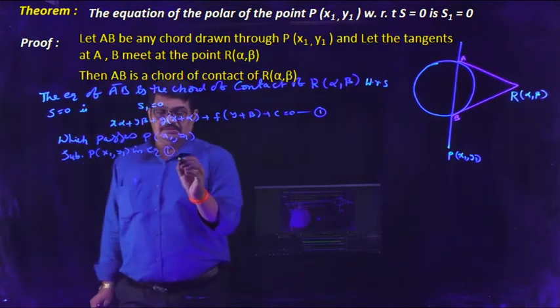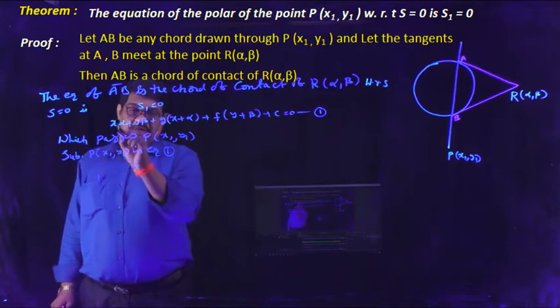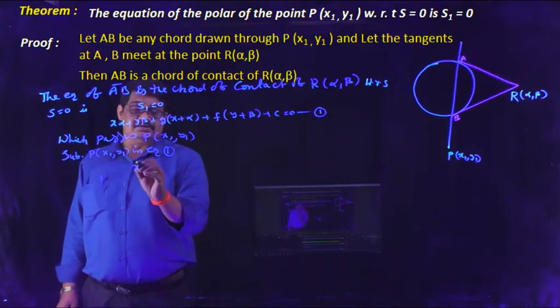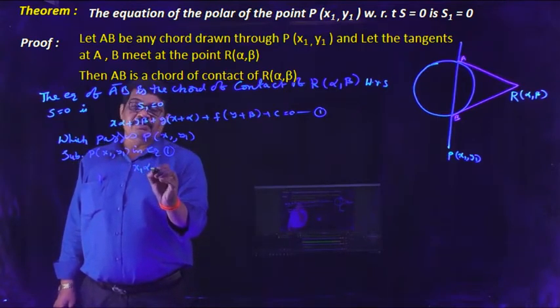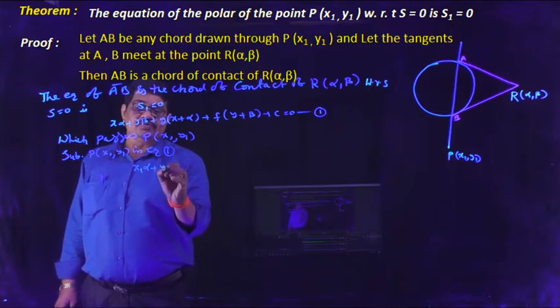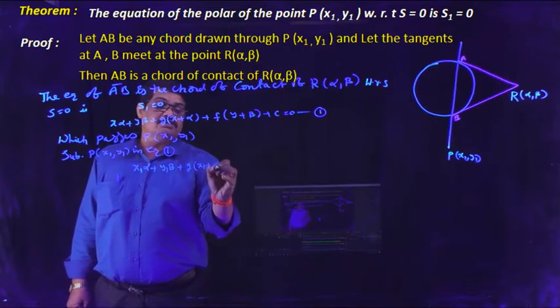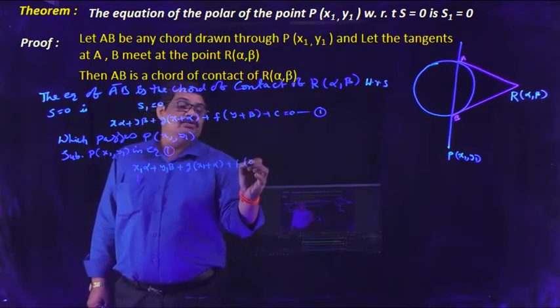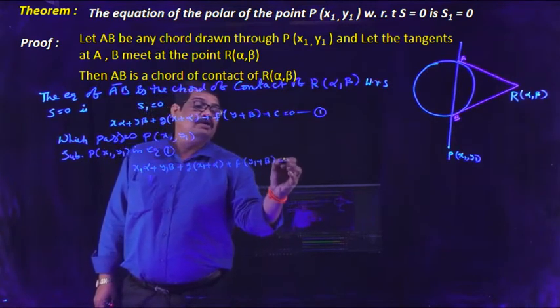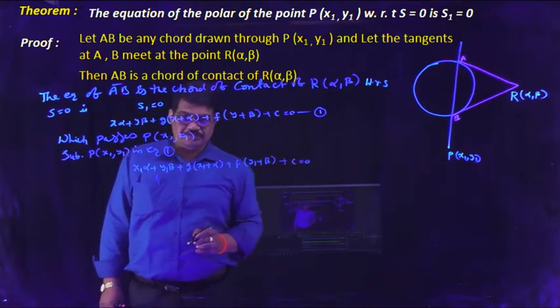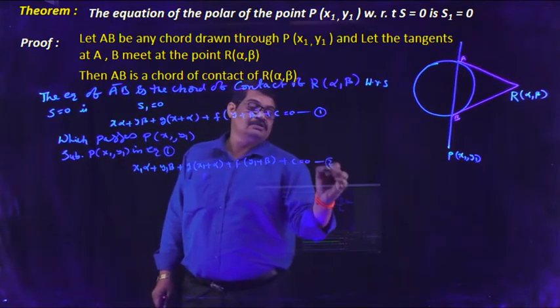Then in the place of x is x1, we get x1 alpha + y1 beta + g(x1 + alpha) + f(y1 + beta) + c = 0. This is equation 2.